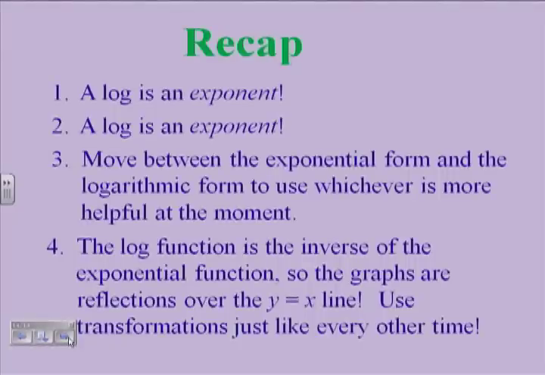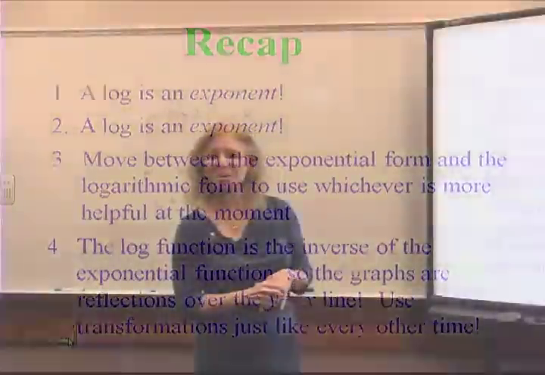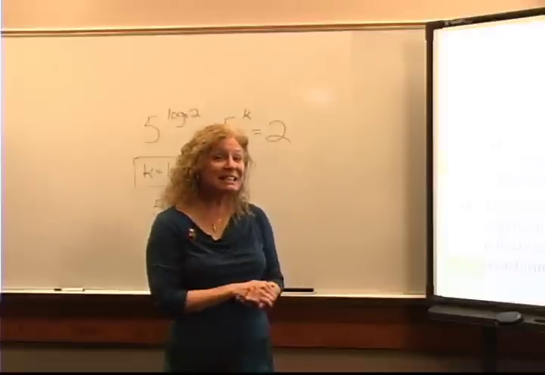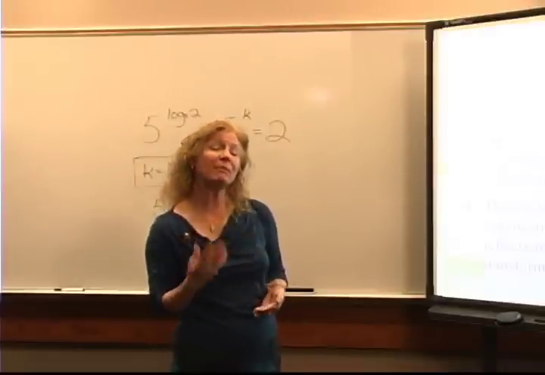Every exponential function goes through the point 0, 1, the basic ones do, and all the basic logs go through 1, 0. So use that information and then, of course, use your transformations just like you have every other time.